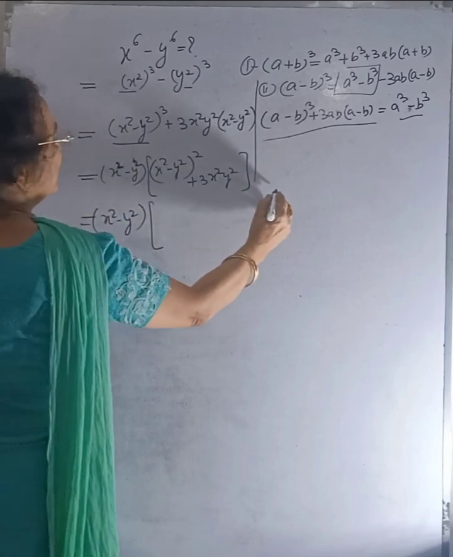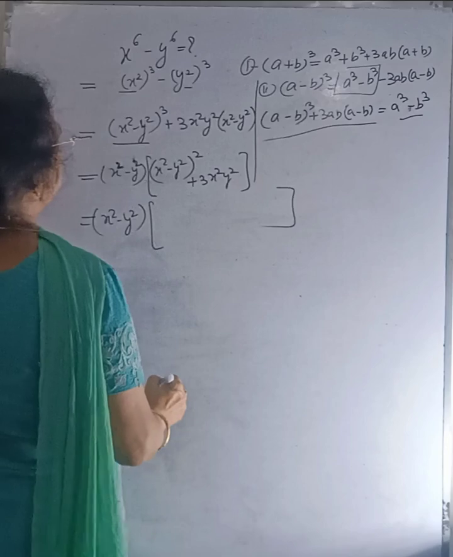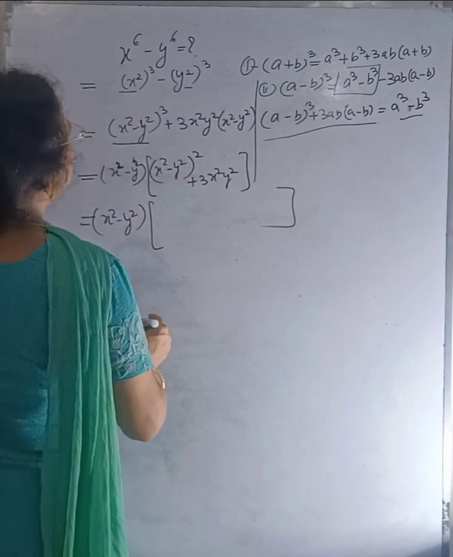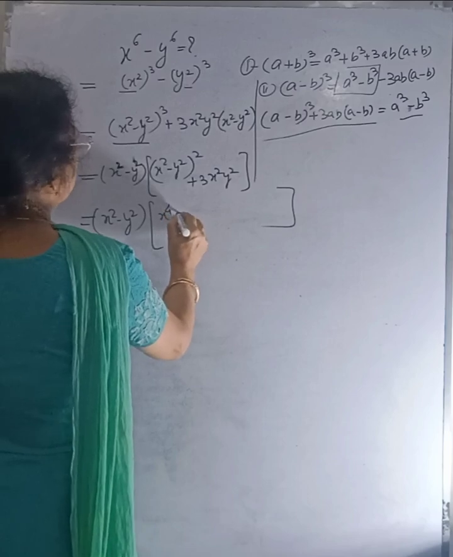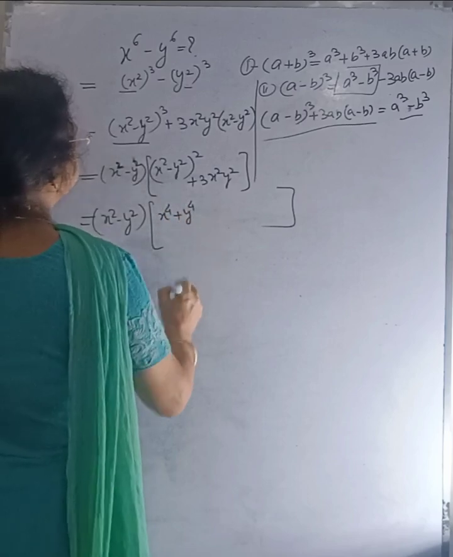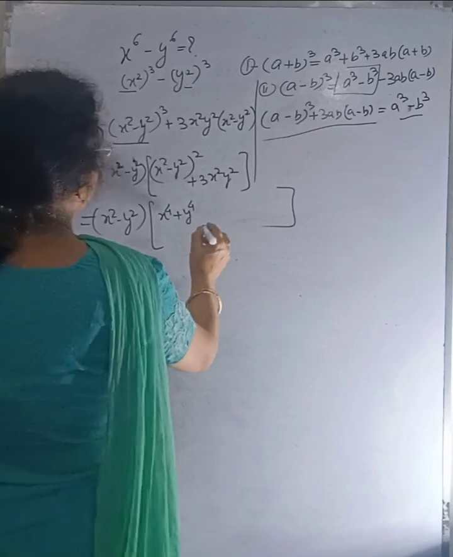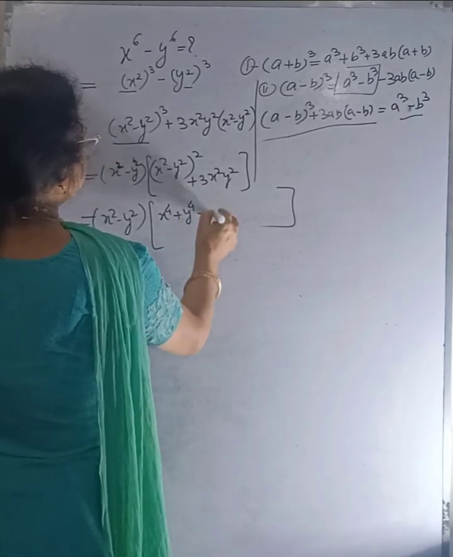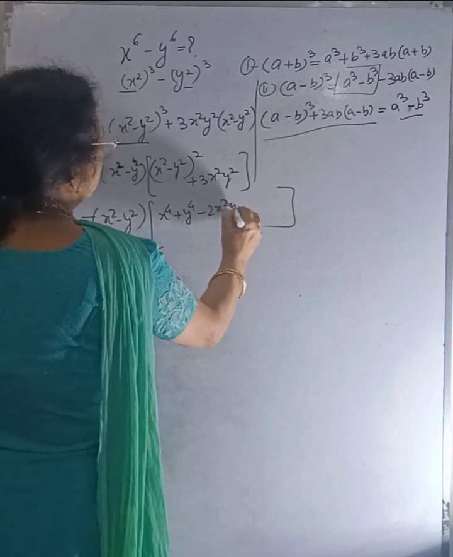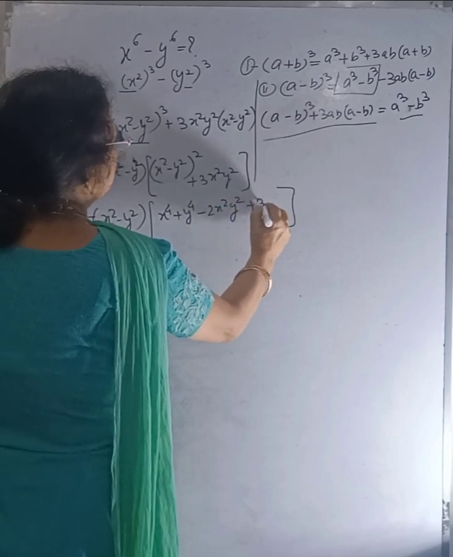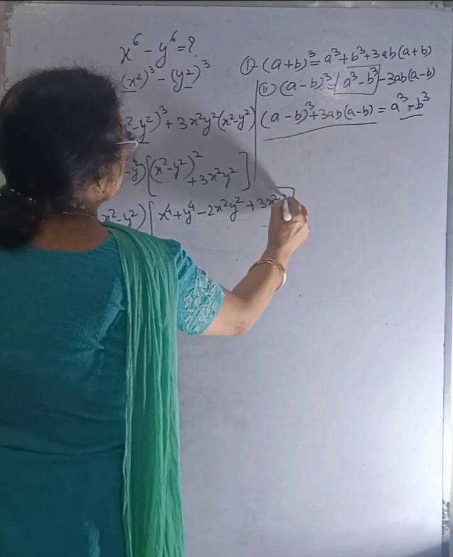Now this can be opened. How can it be opened? It will be x to the power 4 plus y to the power 4 minus 2 times x square y square plus 3 times x square y square.